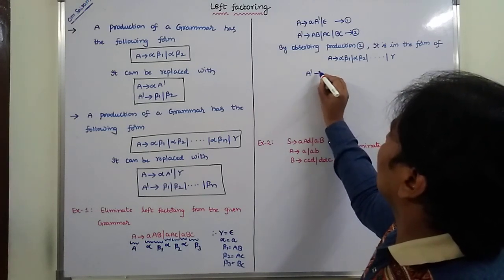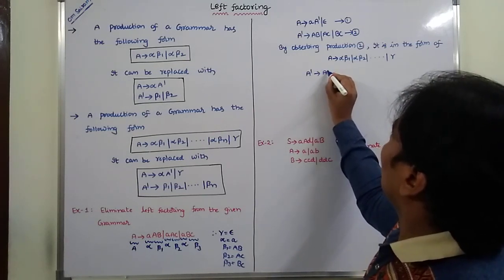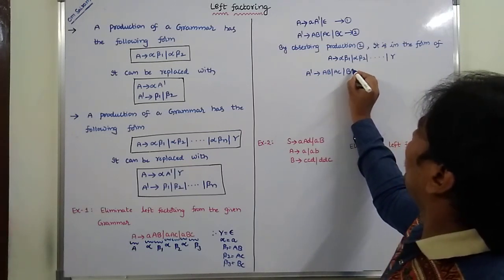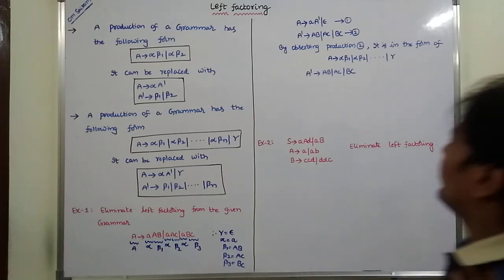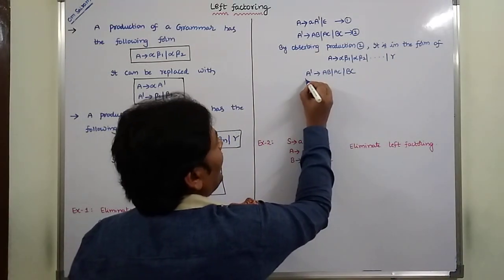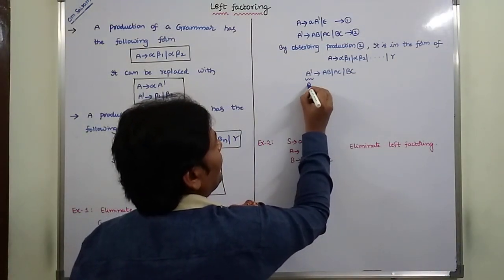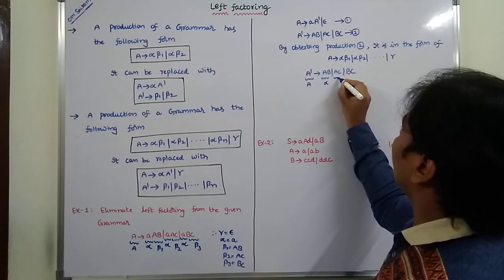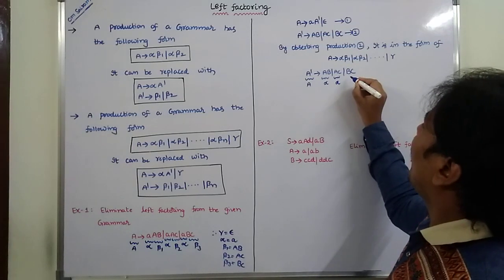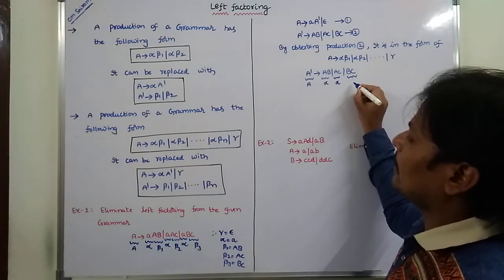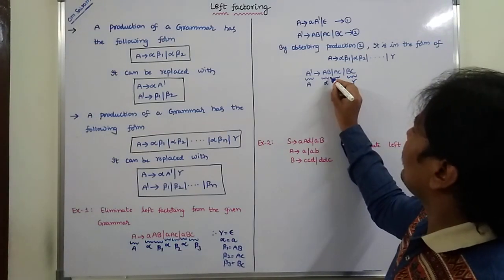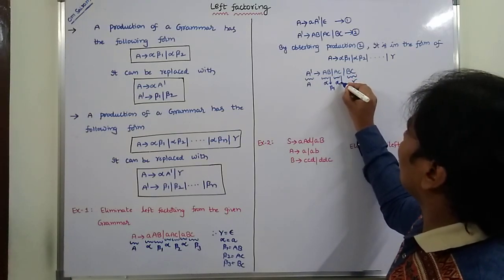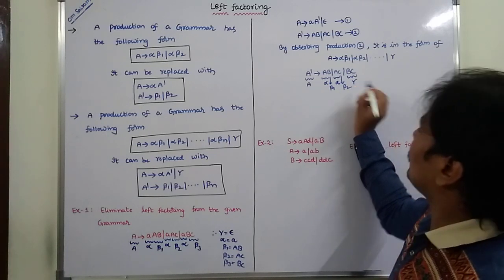Okay. So now again it can be replaced, so here A dash tends to AB, AC, BC. Now here this is A and this is alpha, and this is alpha and this is gamma, and only this one is beta 1 and this one is beta 2.